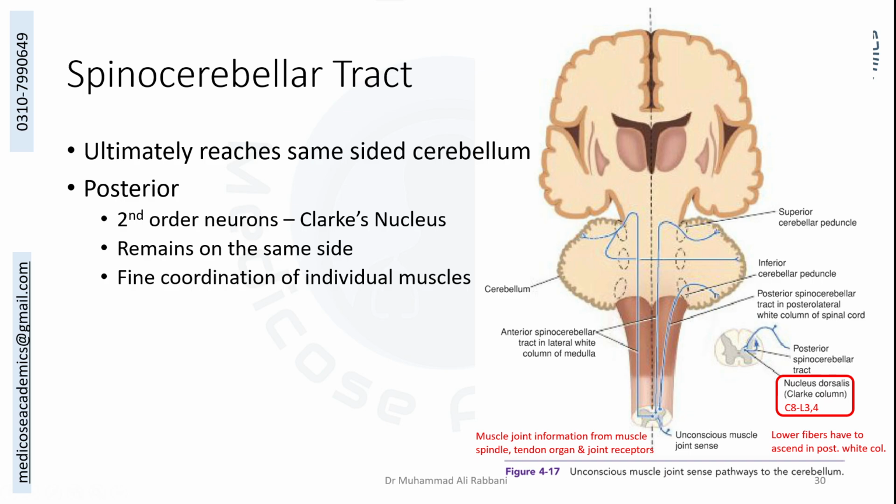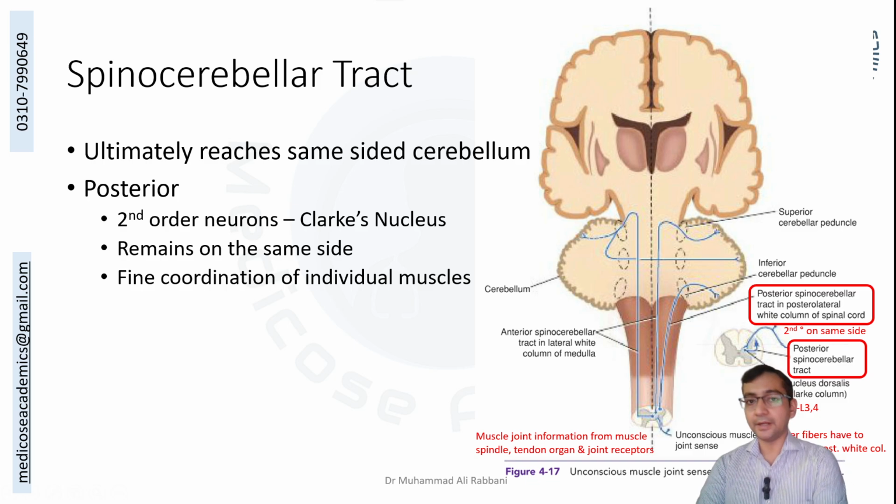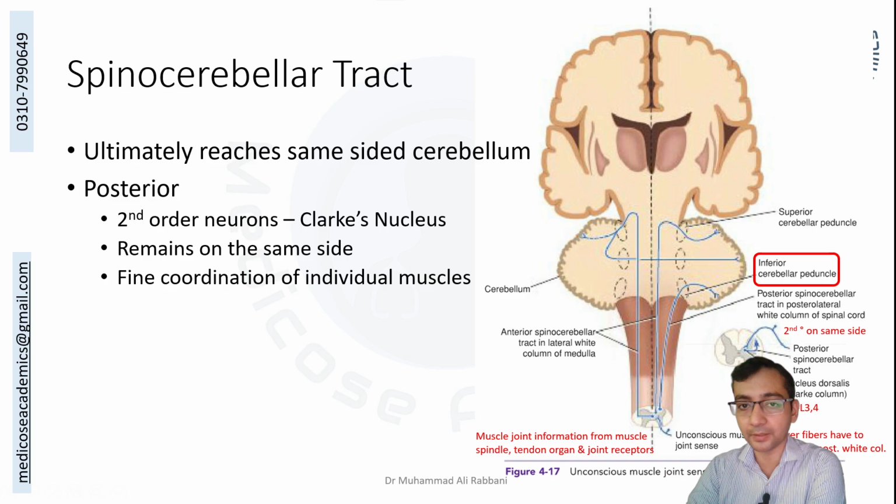Then it leaves the white column, enters the gray matter and synapses with the Clark's nucleus. After that, it will move on through the posterior spinocerebellar tract and go up and supply the cerebellum through the inferior cerebellar peduncle.